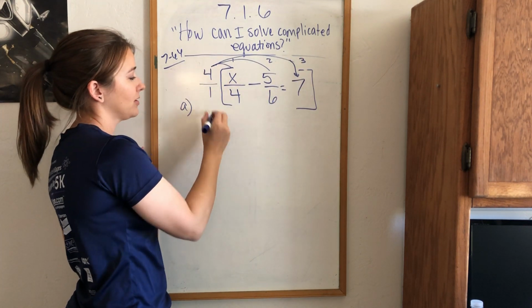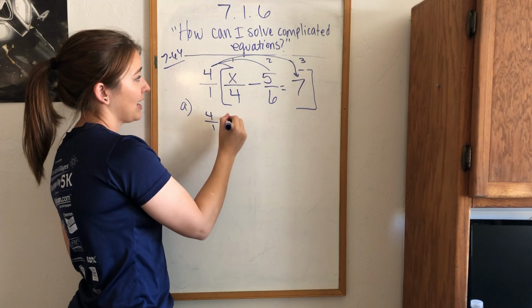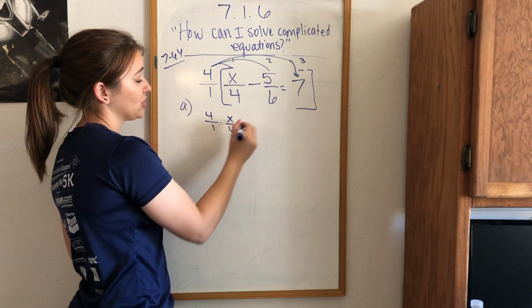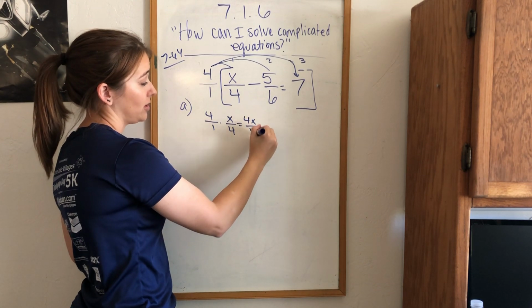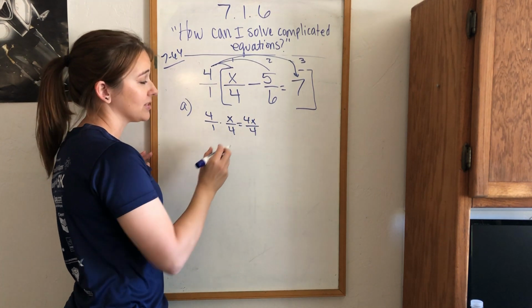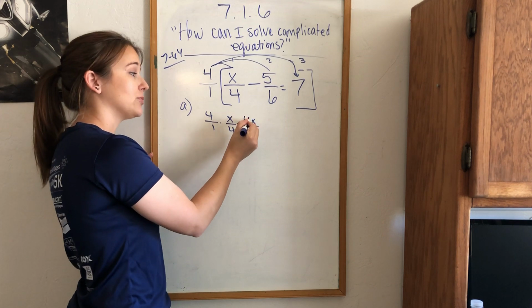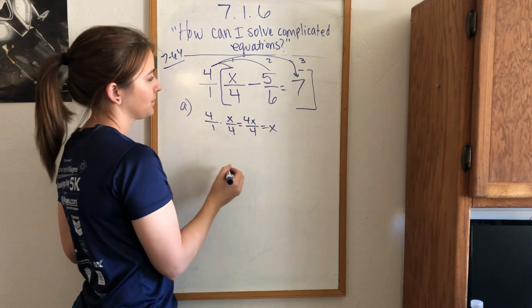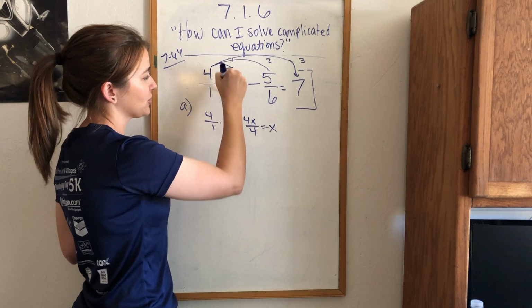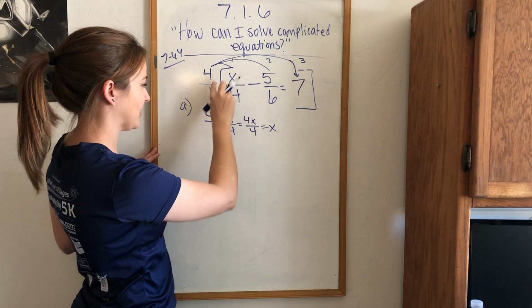So I'm left with 4 over 1 times x over 4, which is, if we multiply across, 4x over 4. And that can be even simplified more because we know 4 divided by 4 is just 1. So that's just going to be x. So this whole term just becomes an x. Let's see, what about the second term?